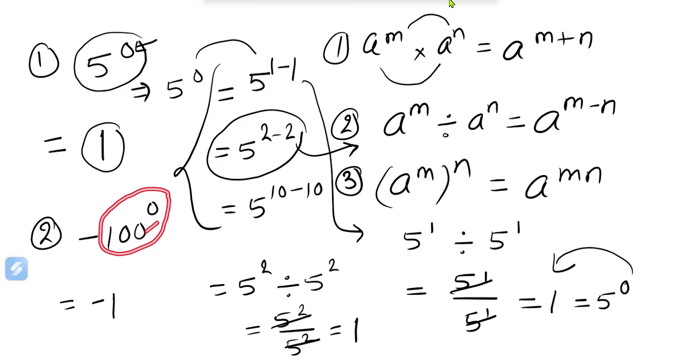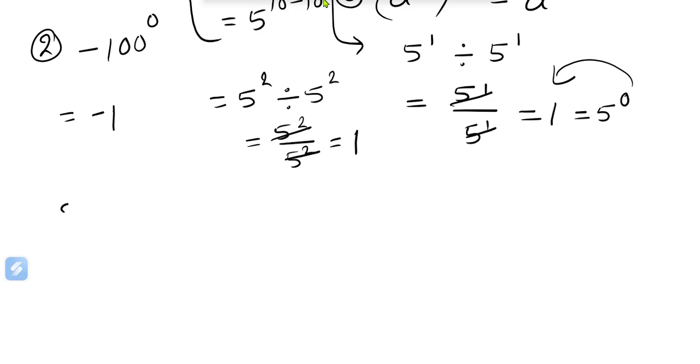Any number which has exponent 0 is always 1, and because this is negative, the answer is minus 1. Now, what would be the case when there is minus 50 and the exponent is 0? In this case, the value of anything which has exponent 0 is 1. So this is simply 1.